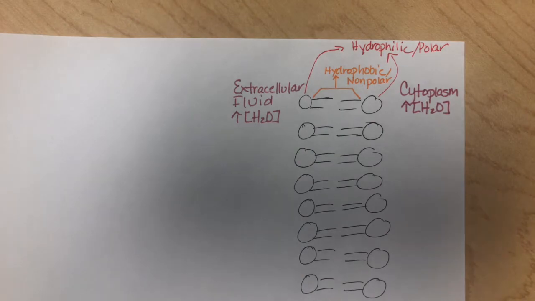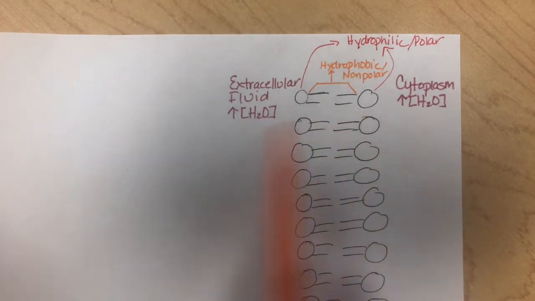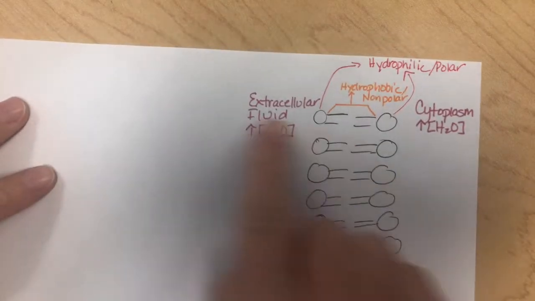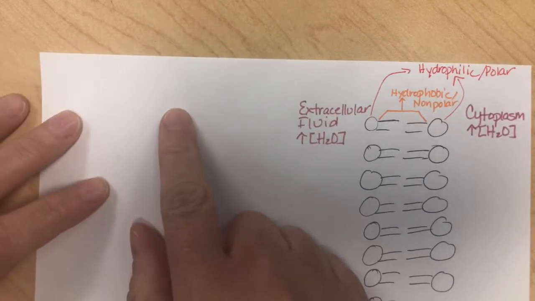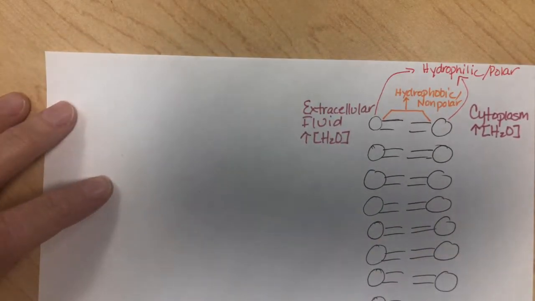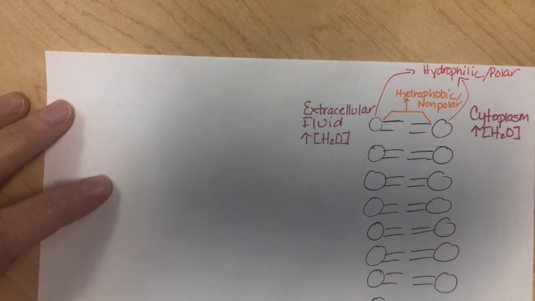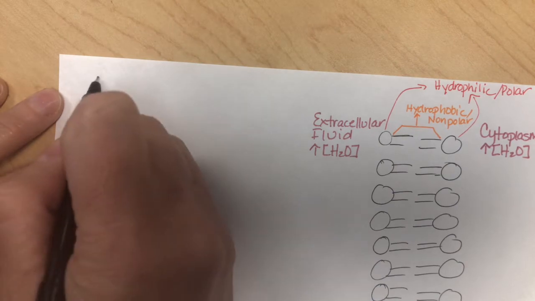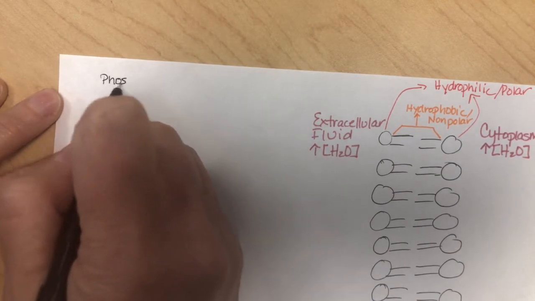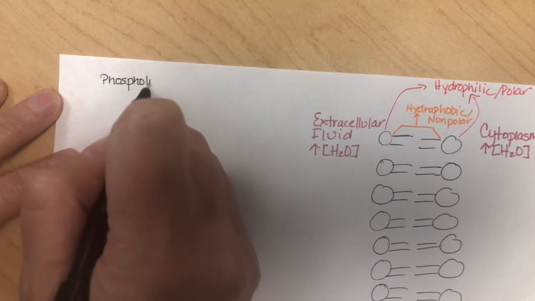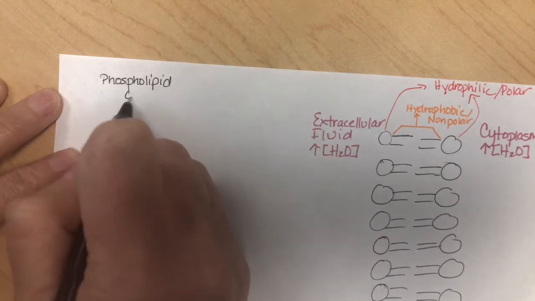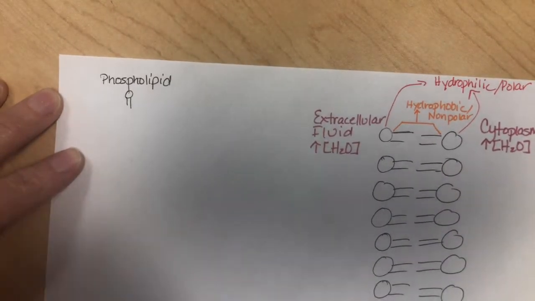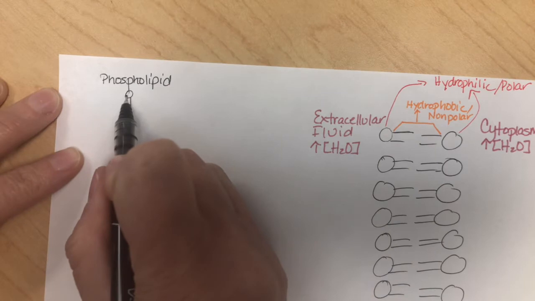Okay, so this is what we know, and then let's talk about why that is. Let's review the construction of a phospholipid. The phospholipid, like we just drew it, is a nice shorthand like this, right? But really, what is this head region?